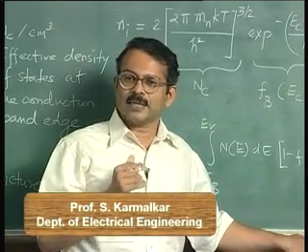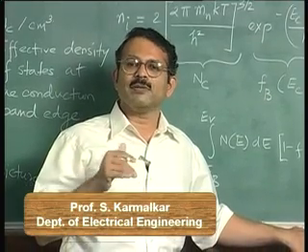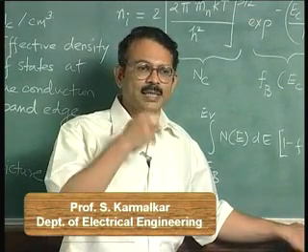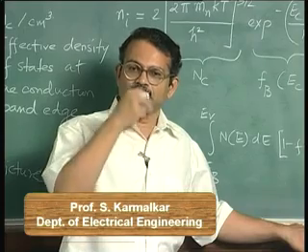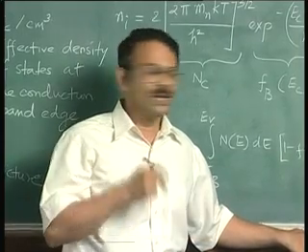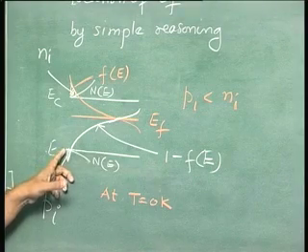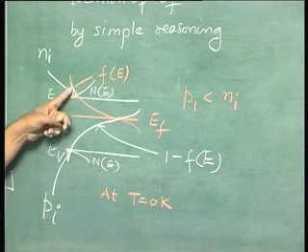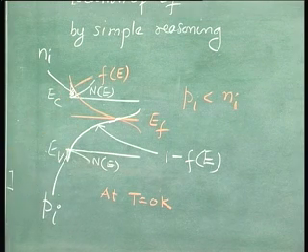For the valence band it is again a constant into square root of Ev minus E. So if the two constants in the density of states functions for the conduction and valence bands are exactly the same, then it is very clear that this area Pi will be equal to Ni if Ef is exactly in the middle of the energy gap.